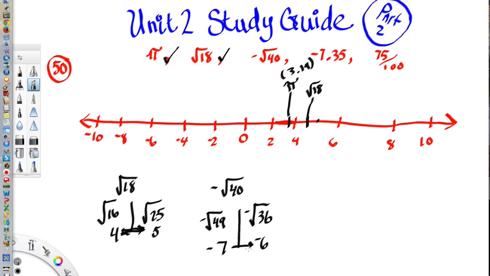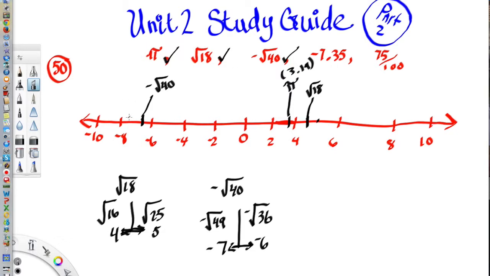So it is somewhere between negative 7 and negative 6. So it's going to be right about there. That's where I'll find the negative of the square root of 40. Check.